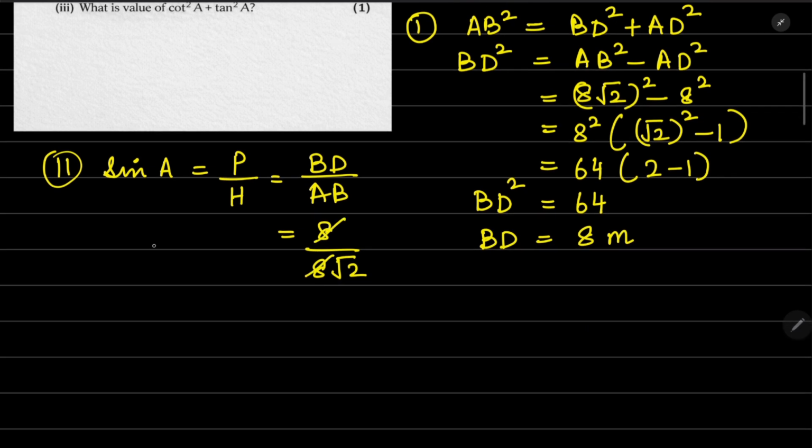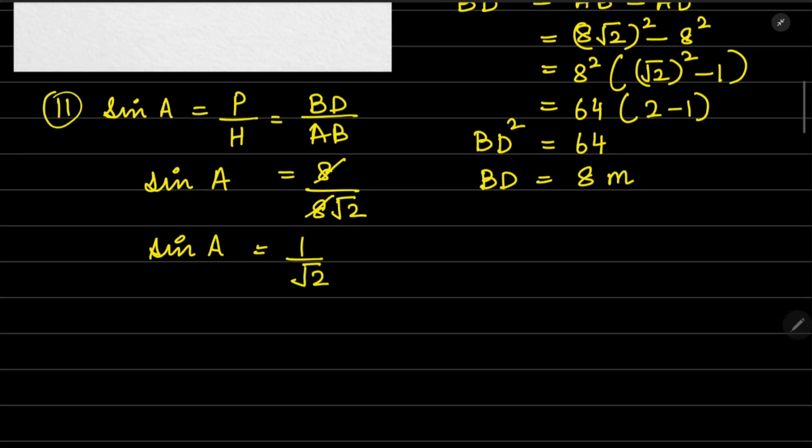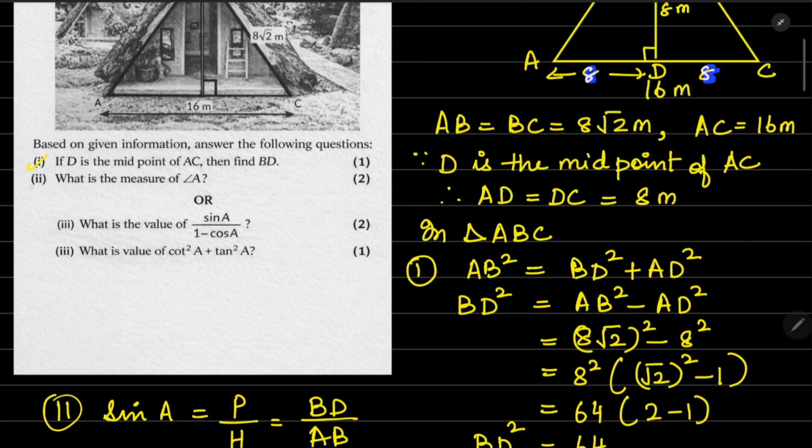So 8 gets cancelled. So sine A is nothing but 1 by root 2. So sine of which angle is 1 by root 2? It is sine 45. So sine A is equal to sine 45. Therefore, A is equal to 45 degrees. Angle A equal to 45 degrees. So this is your second answer.